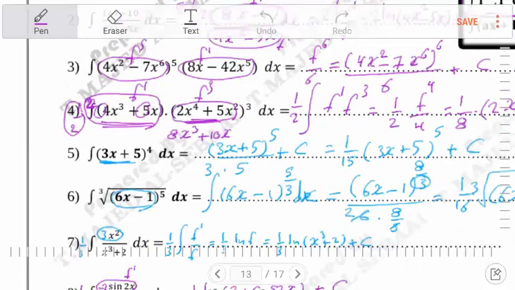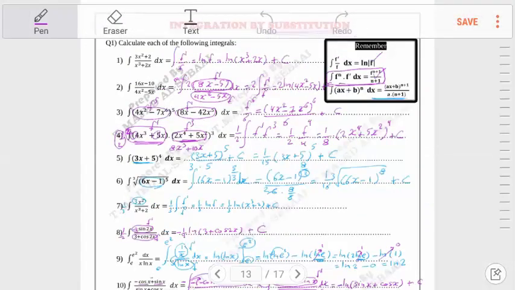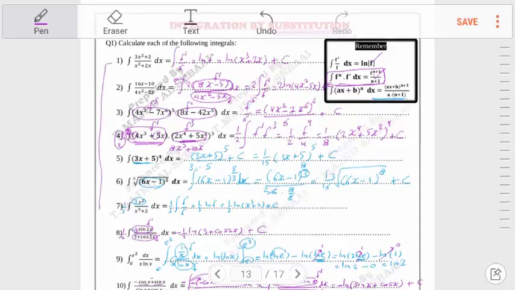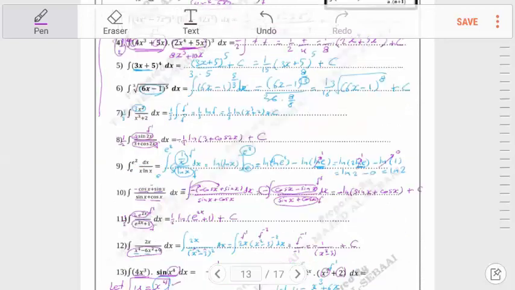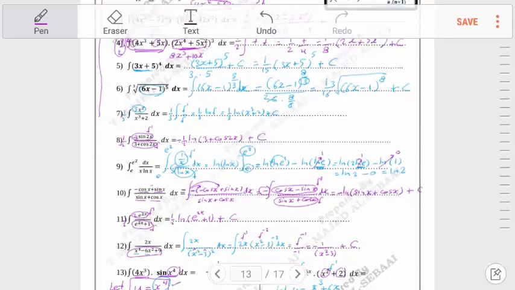Type 1 is the questions from number 1 to number 12. These can all be done by using substitution also.